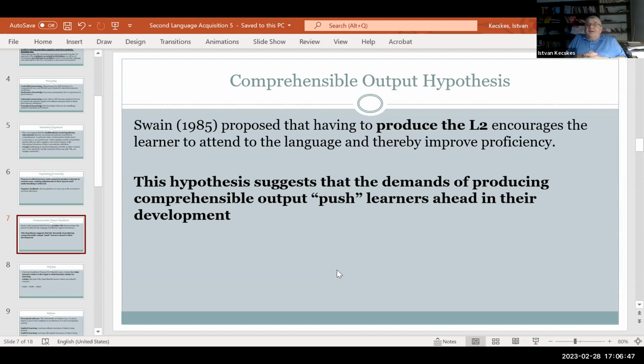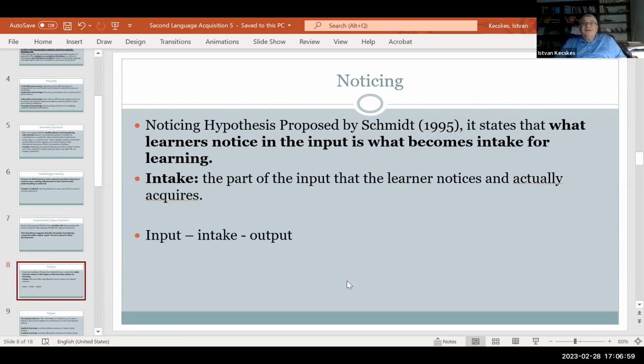So both things are very important, input and output, but the most important thing is what is in between, the intake. That comes with the theory of noticing, which was basically put forward by Schmidt in 1995. It states that what learners notice in the input is what becomes intake for learning. The noticing theory talked about two very important things.